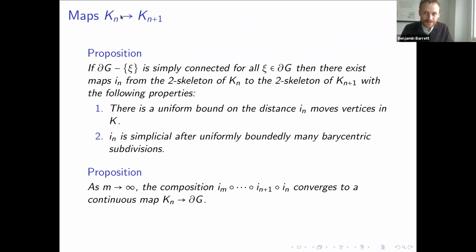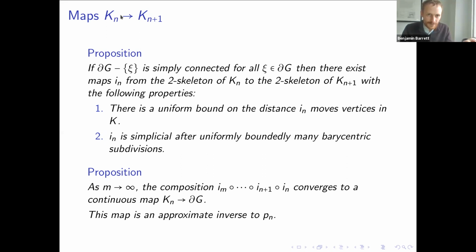If you take the limit of these maps as m goes to infinity, this converges to a continuous map mapping the 2 skeleton of K_n onto the boundary of G. So we had these projections inwards from the boundary of G onto K_n, and you can go in the opposite direction a bit: map outwards from the 2 skeleton of K_n onto the boundary of the group under the conditions I've set. This is an approximate inverse to the map P_n. So it helps us if we want to study the boundary using these spheres in the Rips complex.